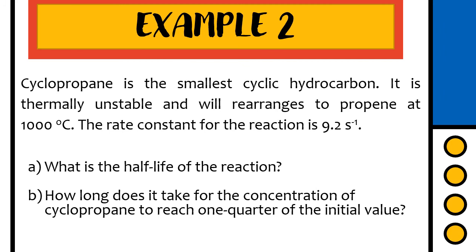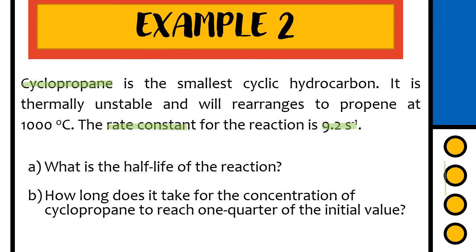For this question, let's take a look at what information we have here. The question gives you our reactant is cyclopropane and the rate constant for the reaction is 9.2 per second. The first question is asking for the half-life of the reaction. To calculate the half-life, we need to know which equation to use.